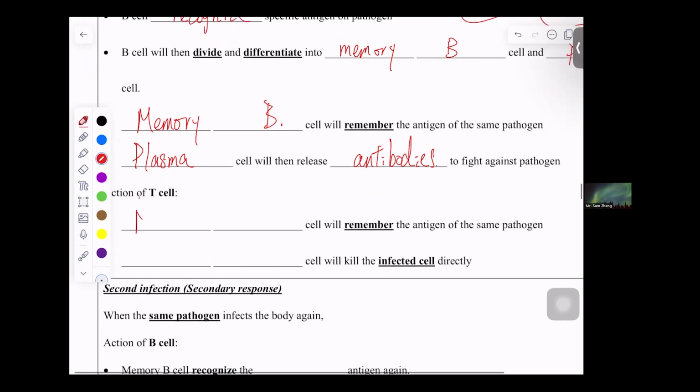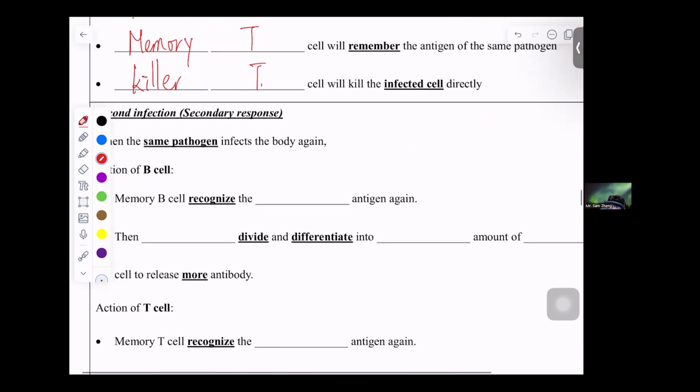First, we have the memory T cell and also the killer T cell. The killer T cells will kill the infected cells directly.